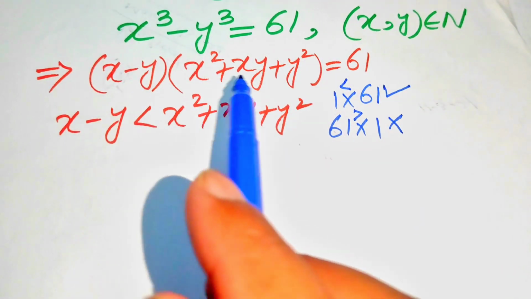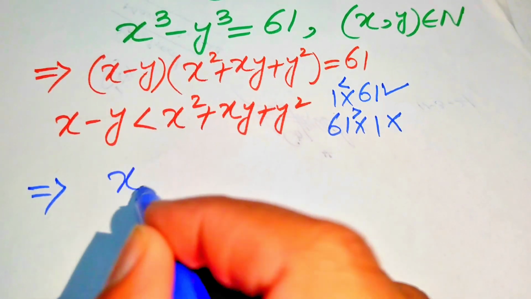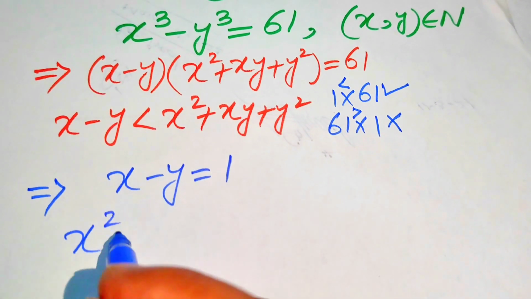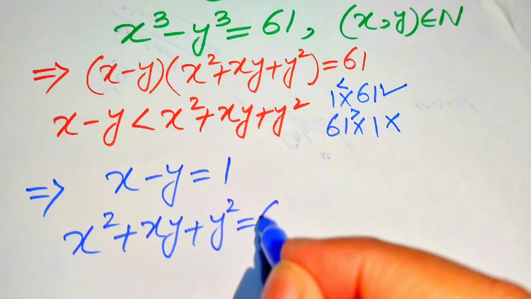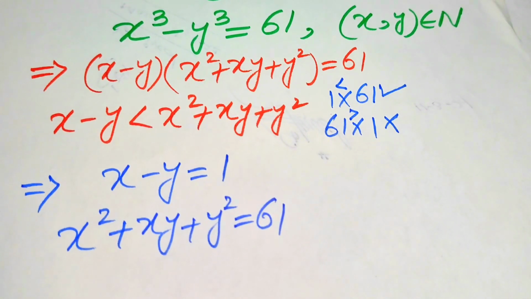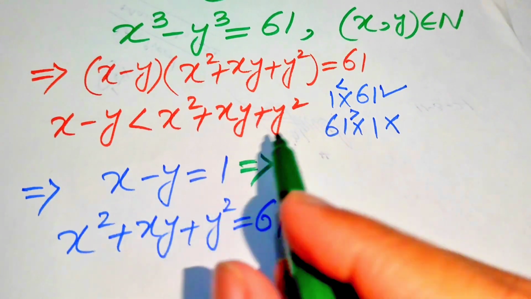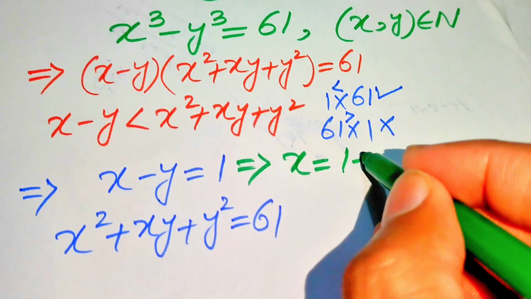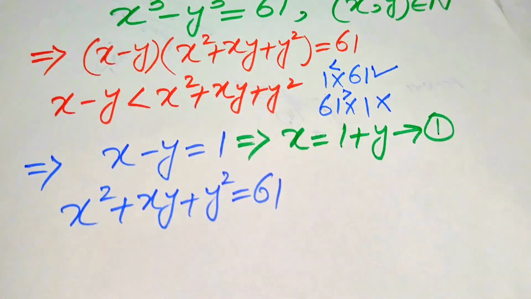Now we compare the left hand side with this case, so this implies x minus y equals 1 and x square plus xy plus y square equals 61. In the first equation we find the value of x: we move minus y to the right hand side and it becomes x equals 1 plus y, and we call this equation number 1.